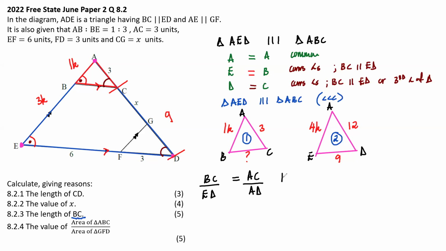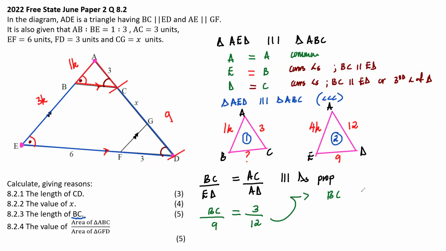What's my reason? Similar triangles in proportion. We're looking for BC. So you arrange them the way you see, then you pick it up. BC, don't know. ED 9, AC 3, AD 12. What am I looking for? BC. The more we do, the more we know. The less we do, the less we know. Do the maths.